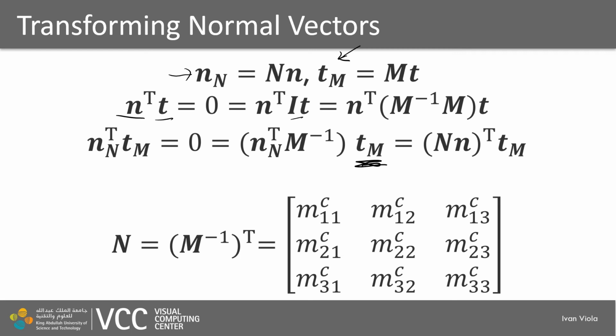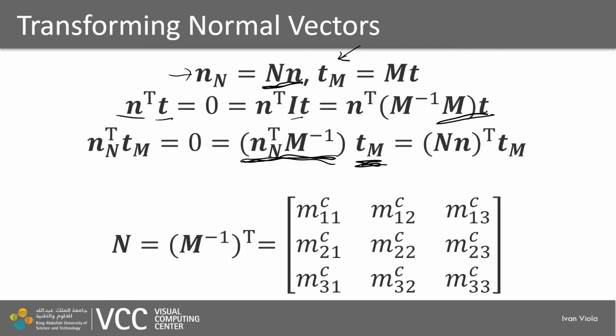So this is this part, and this part corresponds to, if we have a tangent which is transformed perpendicular to the normal, then this is the transformed normal, which is expressed in this way.